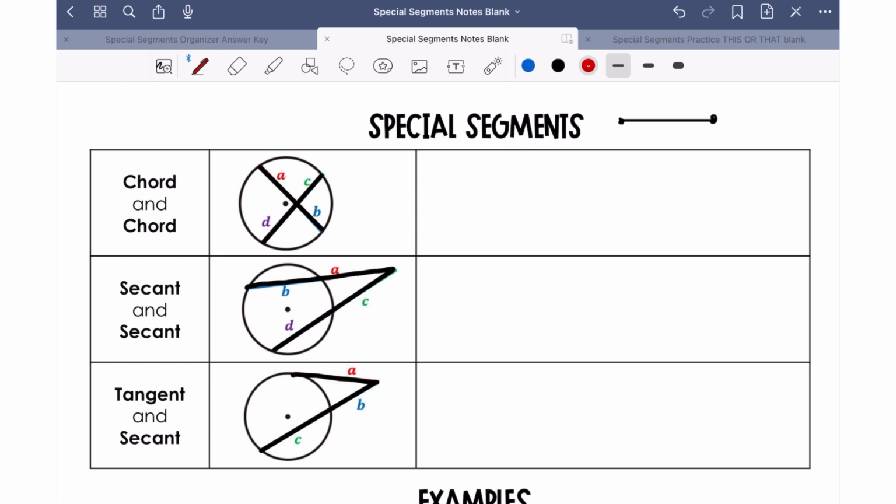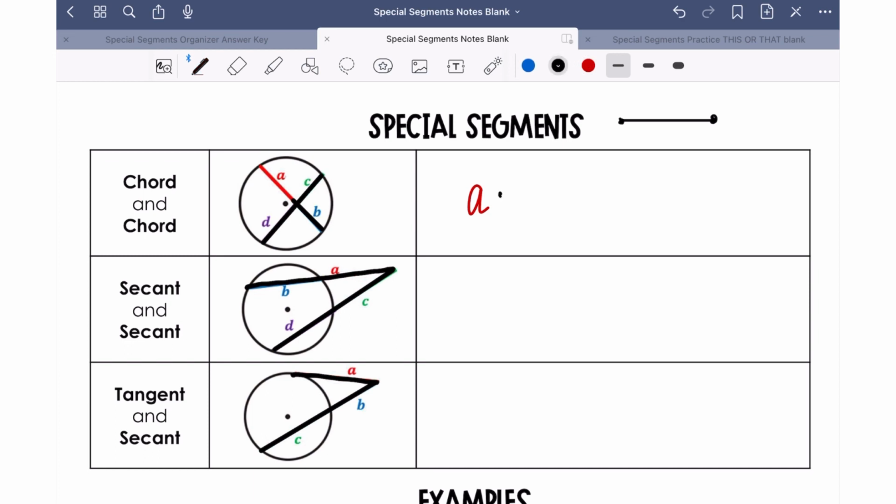I'm going to start with the chord and chord formula. So it's going to be this part of the segment. So I want you to go ahead and go over this part of the circle. It's going to be in red. So that's the first chord part, or not half, but a part of it.